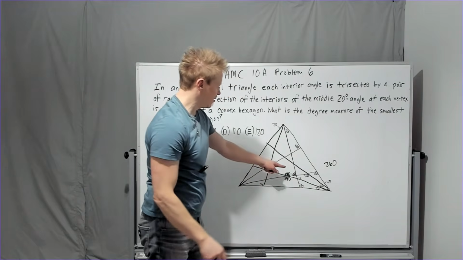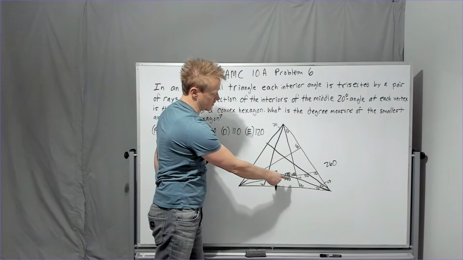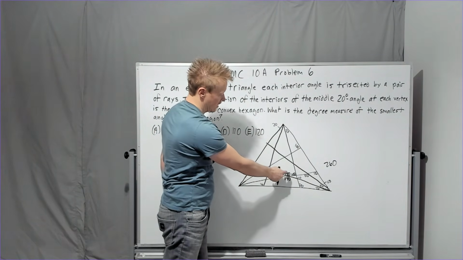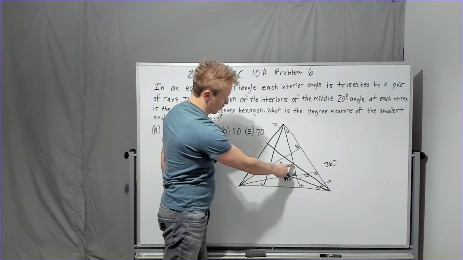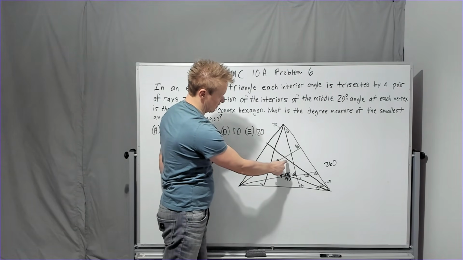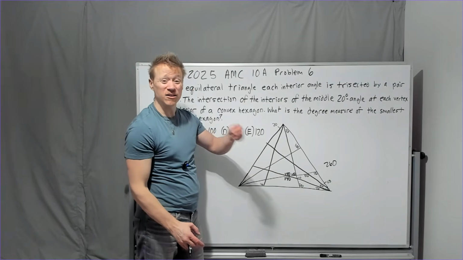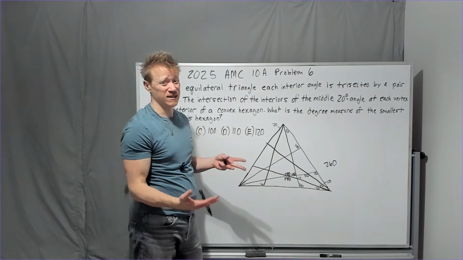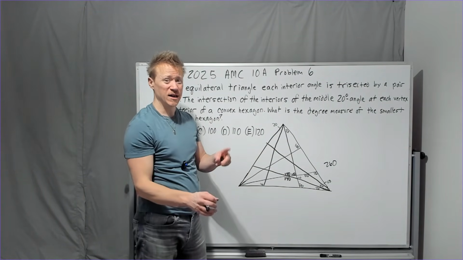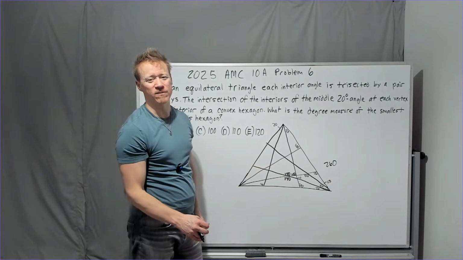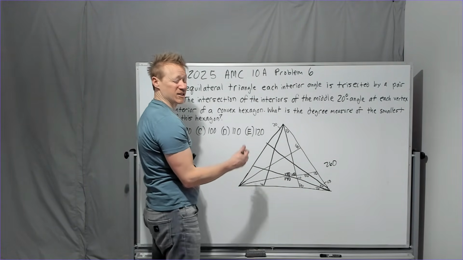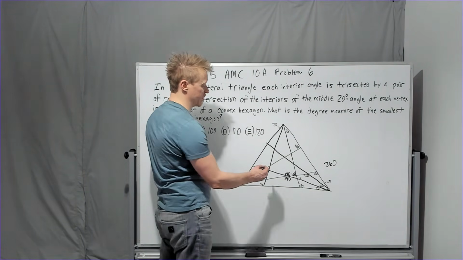If you continue to inspect going around, you're going to see that it alternates 140, 140, 140, and then 100 and 100 here. Mine's not drawn to scale. You're going to have to conceptualize unless you're really good with your straight edge and you got a compass out and made it look all perfect. Otherwise, you're going to have to conceptualize what's happening here.